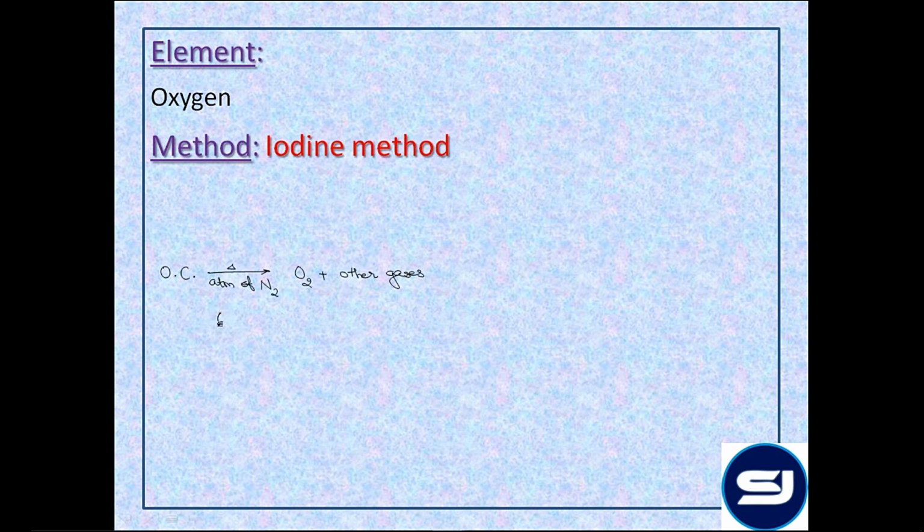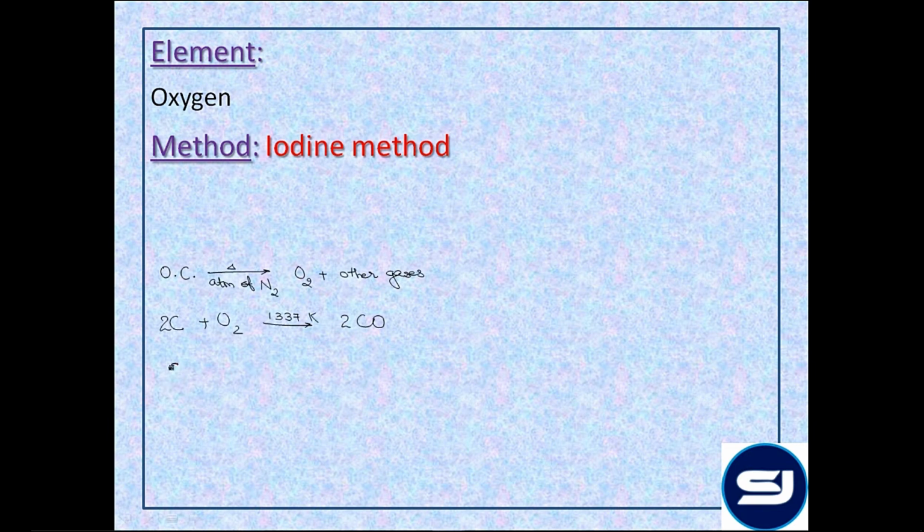Then this oxygen gas is passed over red hot coke and it is heated to a high temperature of 1373 Kelvin. At this temperature, carbon oxidizes partially into carbon monoxide, meaning the red hot coke is oxidized with oxygen to form 2 moles of carbon monoxide.